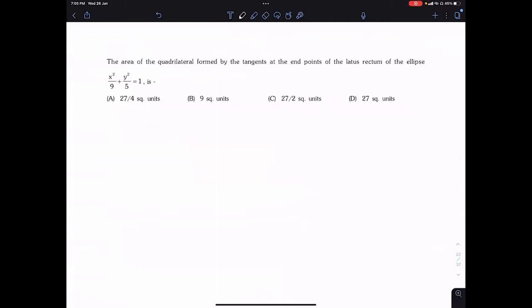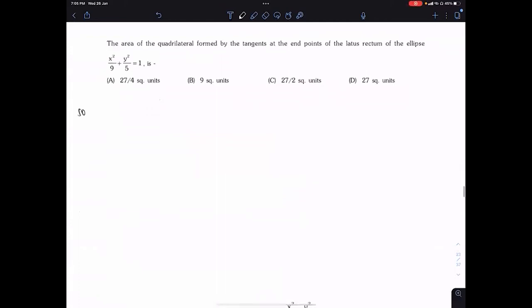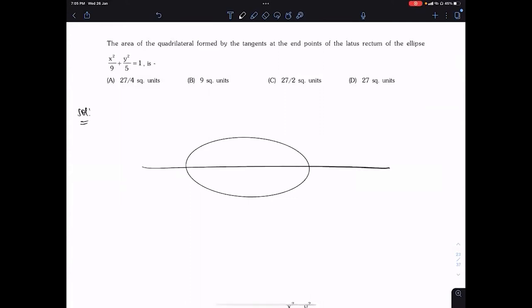Okay. So first question, let us see. Find the area of the quadrilateral formed by tangents at the endpoints of latus rectum of the ellipse. So you have this ellipse. What is the latus rectum? You have two foci.